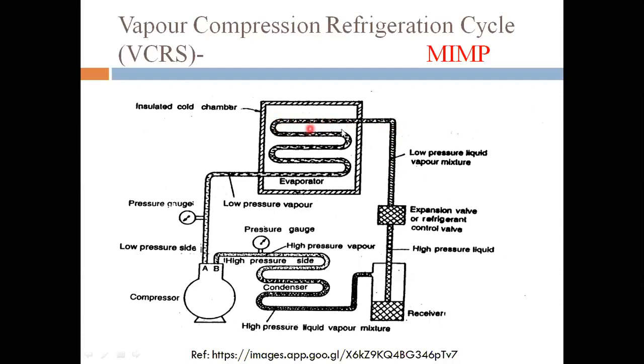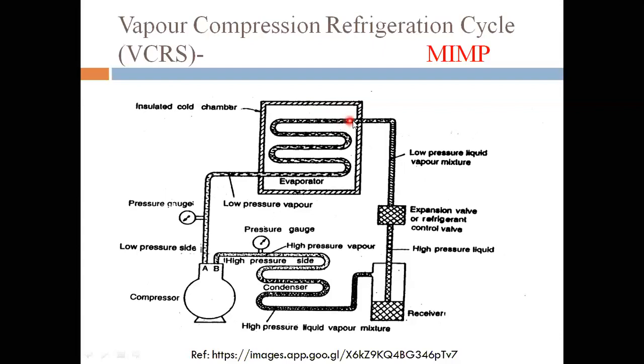In the evaporator coil, this low pressure, low temperature refrigerant absorbs heat from the outside. If there is a substance, it will absorb heat from the substance. Or if hot air is blown over the evaporator, it will absorb heat from the air. So the refrigerant absorbs heat from the outside. It gives the cooling effect, the refrigerating effect.